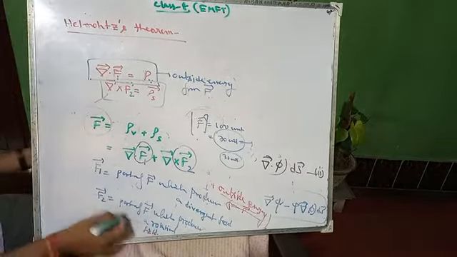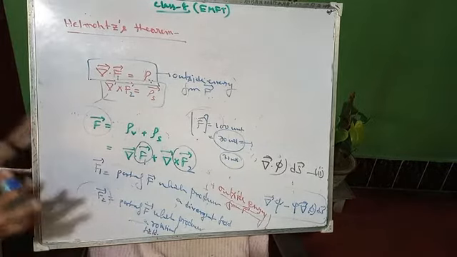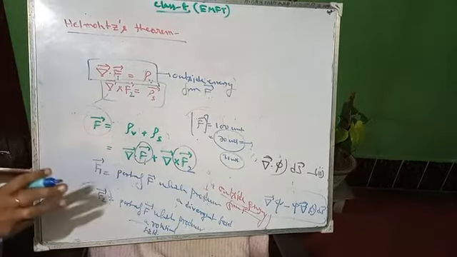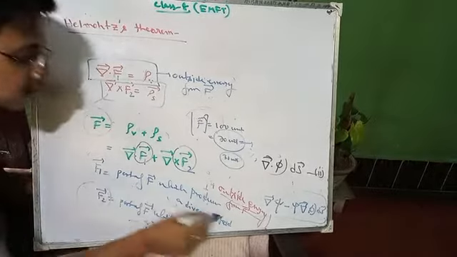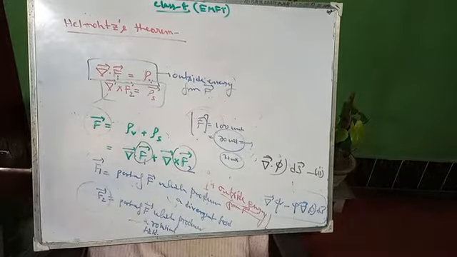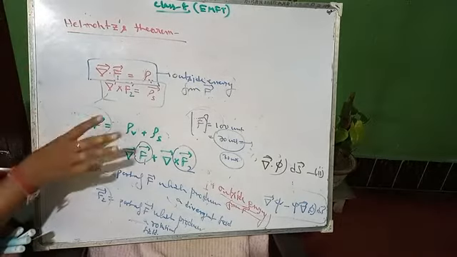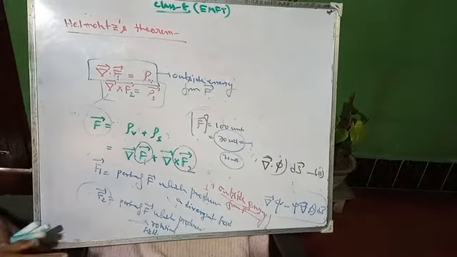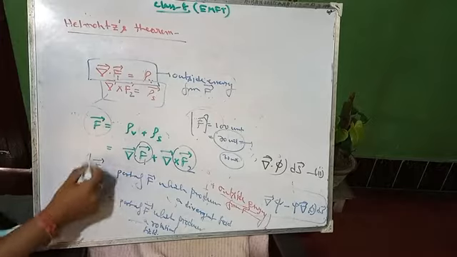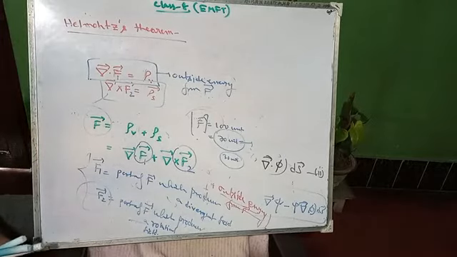Rotational field is always the inside or inner part, and divergence is always the outside part. So after applying the Helmholtz theorem, any vector can be expressed this way. This F1 and F2 are nothing but two parts of a complete vector. So this is your Helmholtz theorem.